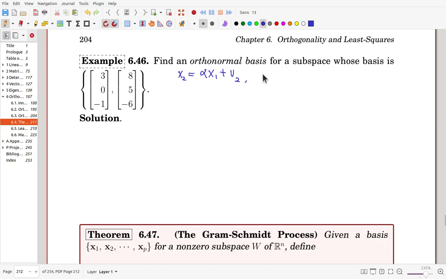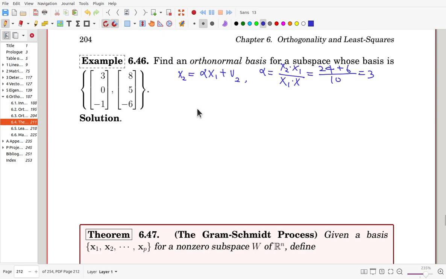And alpha, x2 is projected to x1, so that we have that one. x2 dot x1 is 24 plus 0 plus 6, divided by x1 dot x1, which is 9 plus 1, 10, so that is 3.